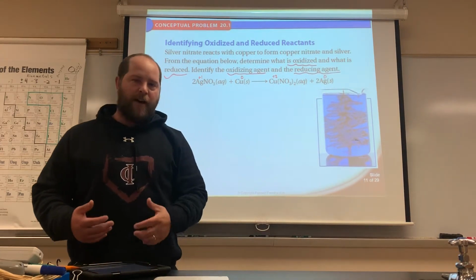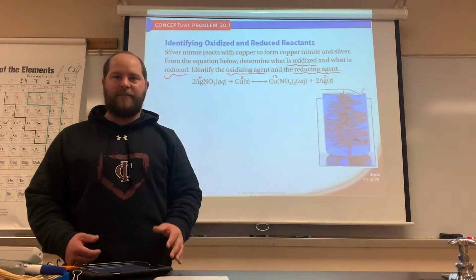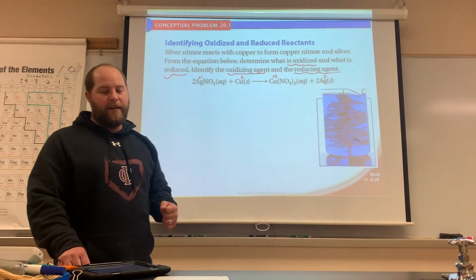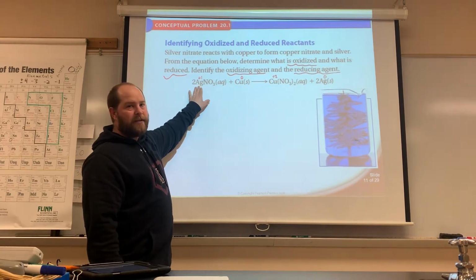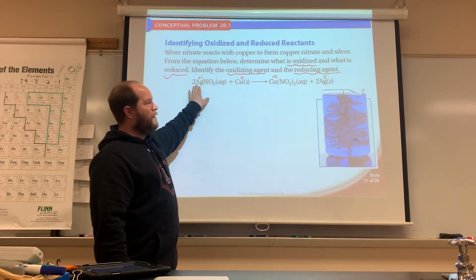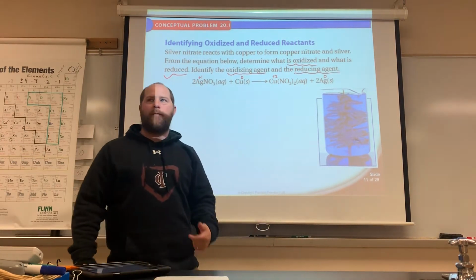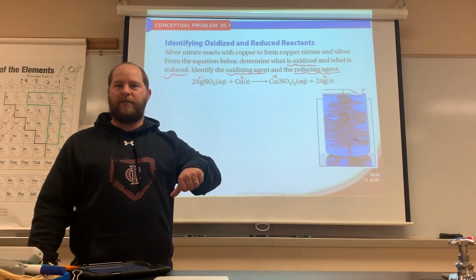Okay, so how are these oxidation numbers going to help us figure out what's being oxidized and what's being reduced? What you're going to do is see what happens on each side. The silver over here is a +1 charge, but then it goes down to a 0. So it went from a +1 to a 0. That means its number went down, right?